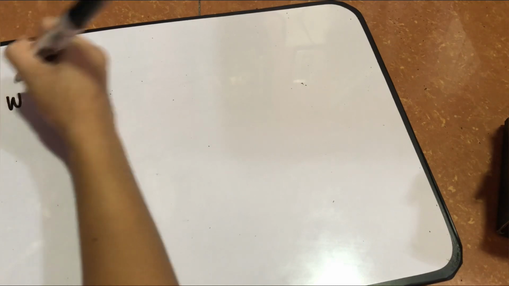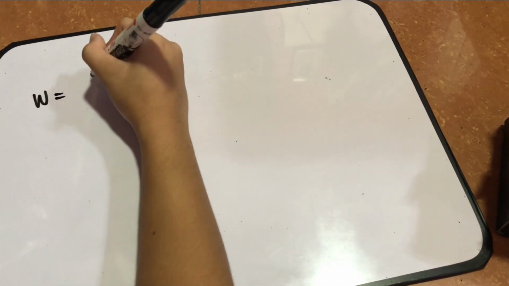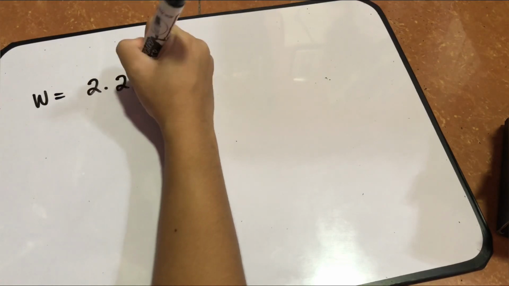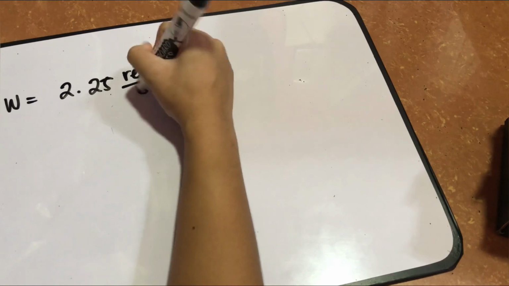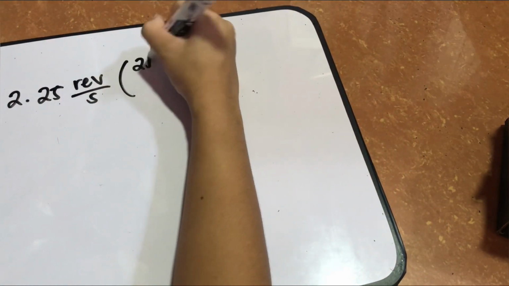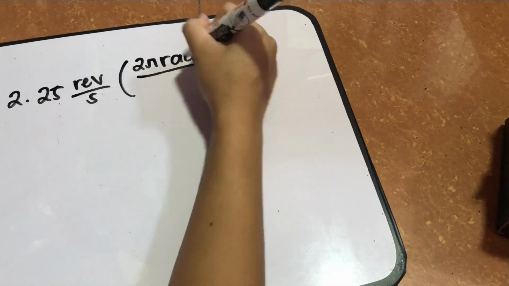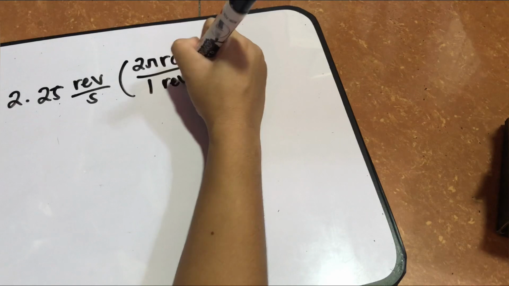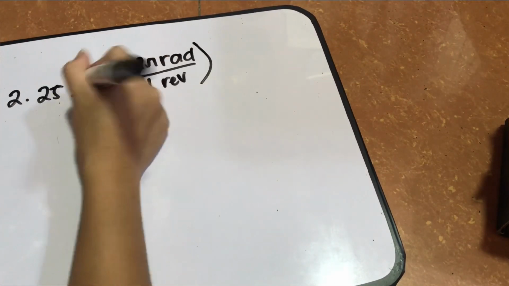So, W is equals to 2.25 revolutions per second times 2 pi rad over 1 revolution. So, kay ma-cancel out na ni siya.